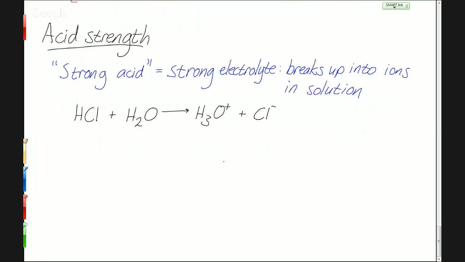A weak acid, an example, like I said, is acetic acid, this is the formula of it. We can draw the same equation.